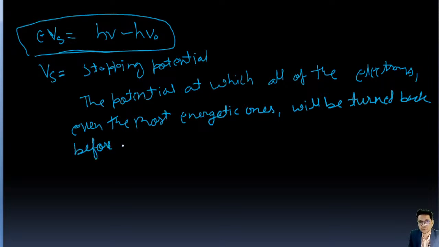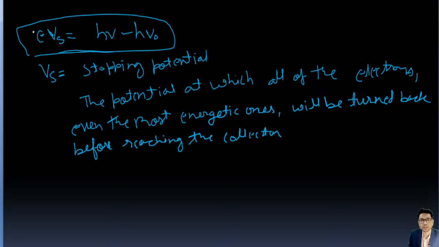That is the potential at which all of the electrons, even the most energetic one, will be turned back before reaching the collector. That is called the stopping potential.